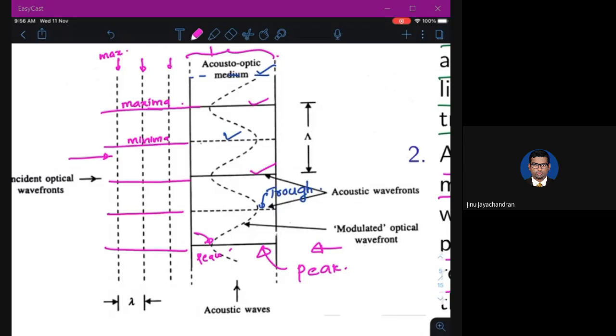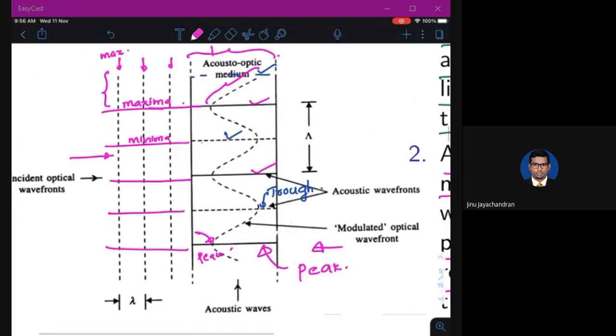Actually, all these portions in between minima and maxima will also experience a change in refractive index, because the acoustic wave has a different amplitude. So before reaching this medium, all these wavefronts have maximum, but after coming out of the medium, it will have a variation something like this.